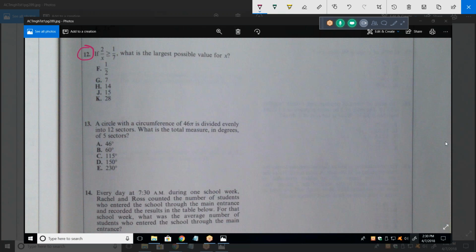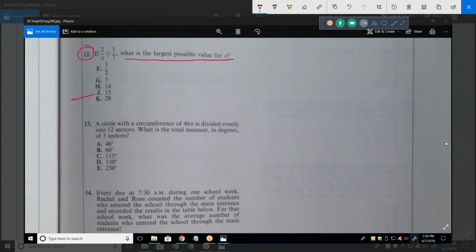No, excuse me, this is a little different. It says, what is the largest possible value for x? Well, we're going to back solve this. That means we're going to start with the answers. We're going to start with the largest possible x, and then we're going to work our way down until we find one that doesn't work.